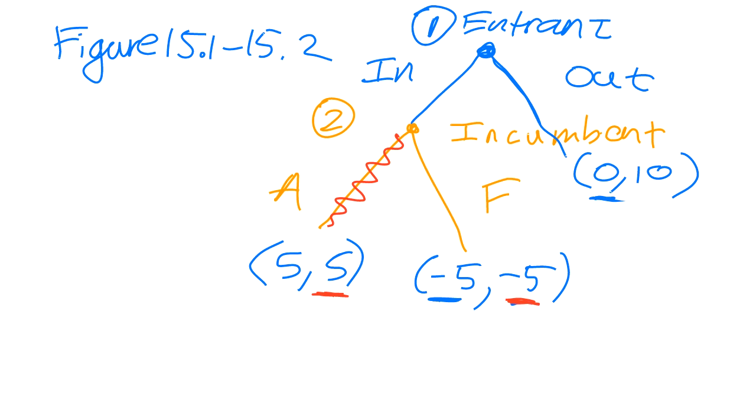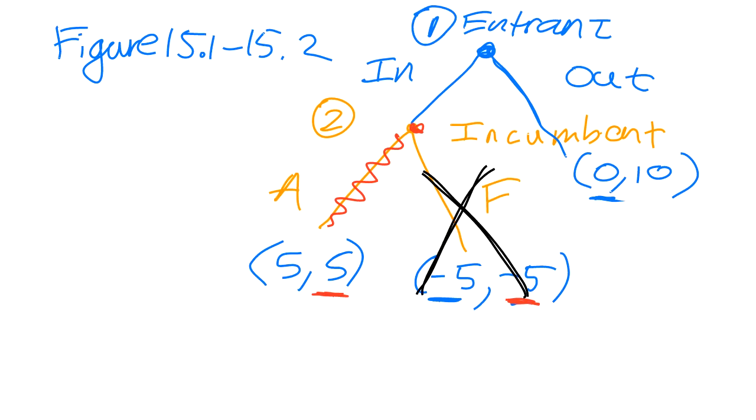So now we know what's going to happen at this point. They're going to accommodate. So let's just ignore this part of the tree. I'm going to cross it out with a different color, because we've already decided that isn't going to happen.